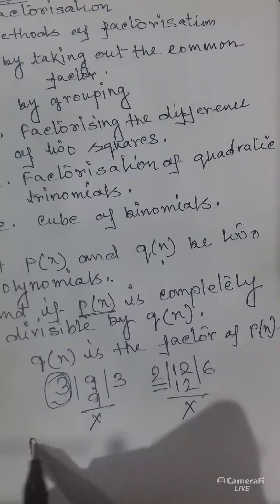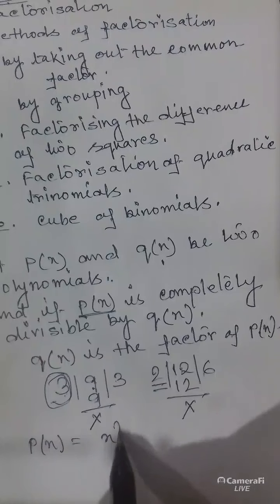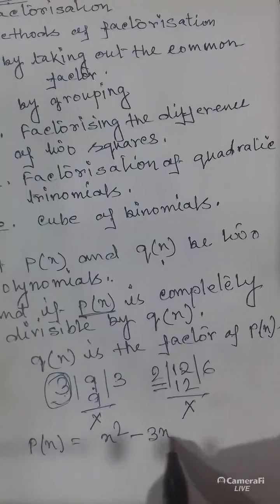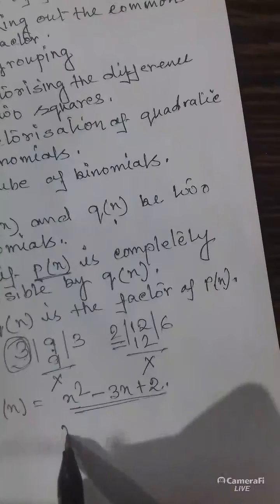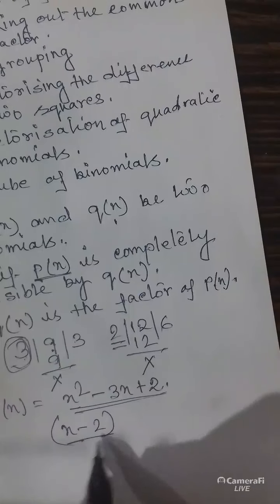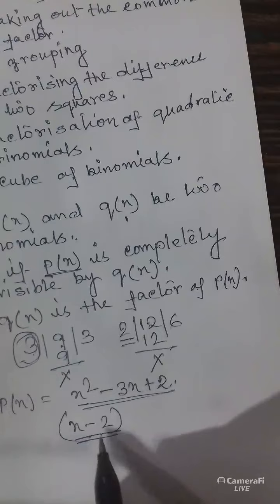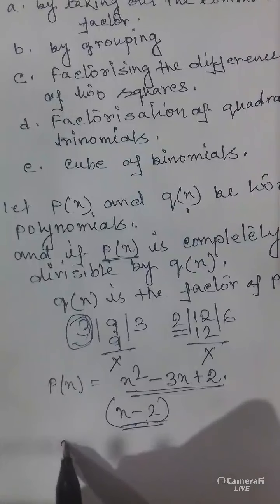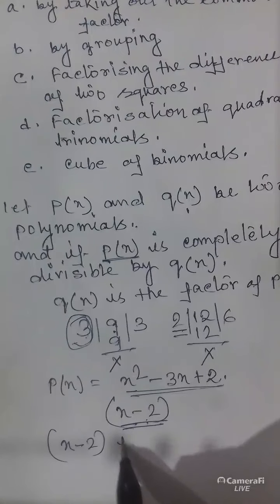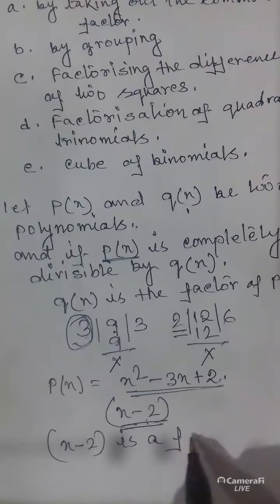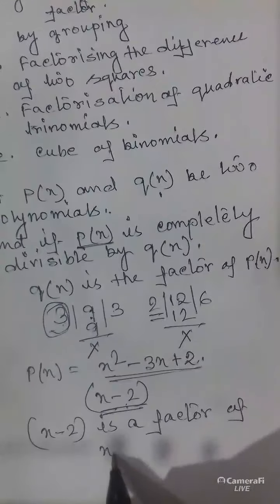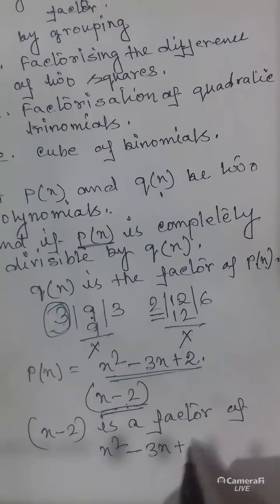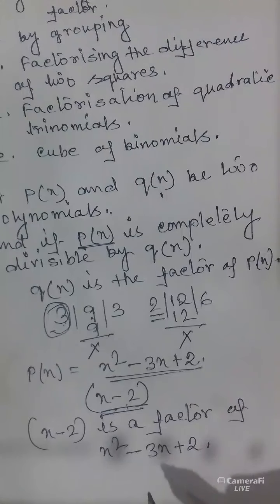Suppose one polynomial Px equal to x square minus 3x plus 2. If it is divisible by x minus 2, then we can say x minus 2 is a factor of x square minus 3x plus 2.